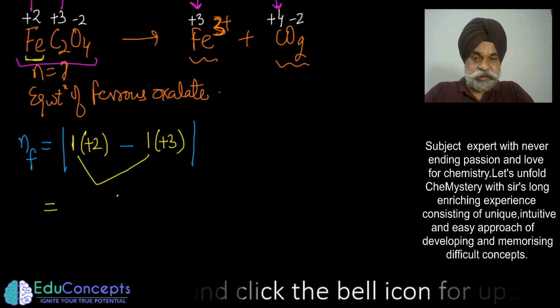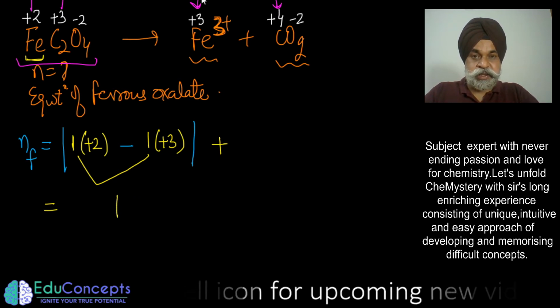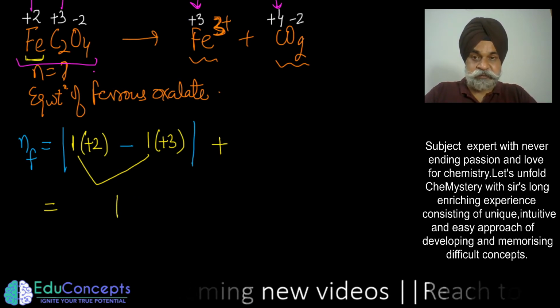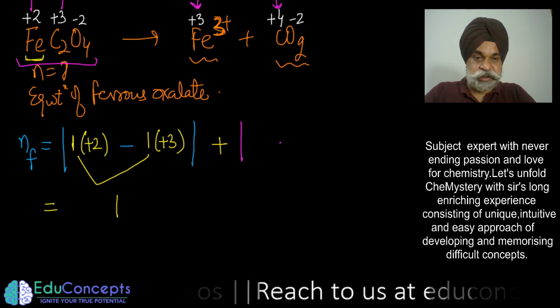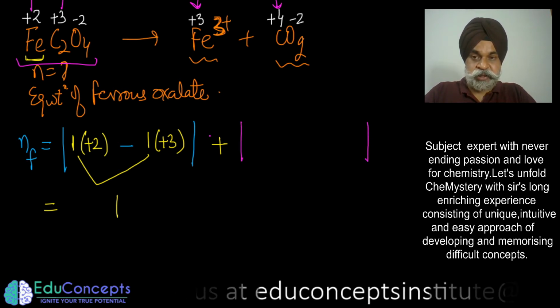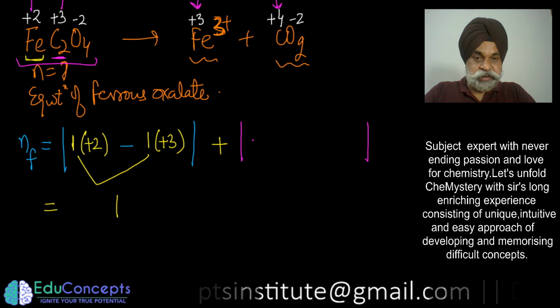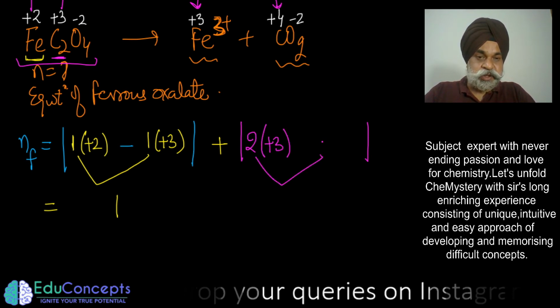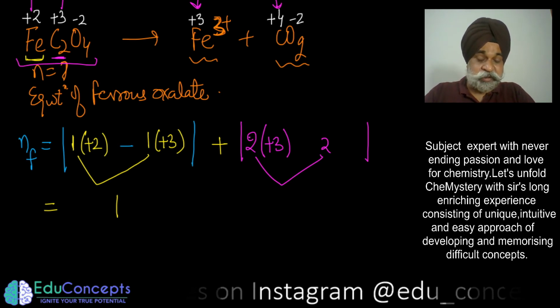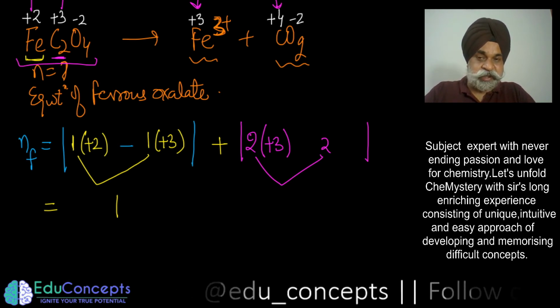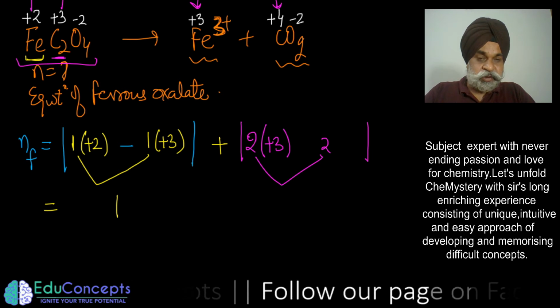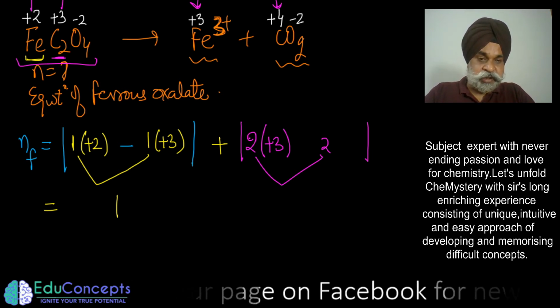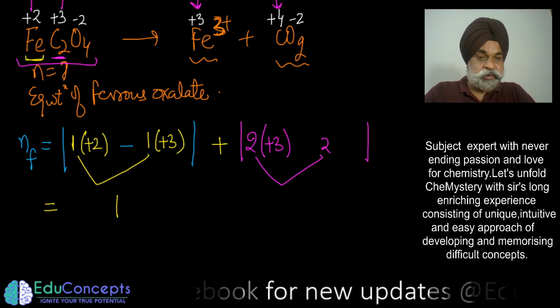So here the answer is 1, plus another part which is also undergoing oxidation, again you have to take a mod. So there are two carbon atoms. These two carbon atoms are of +3, and if they are there on the reactant side, those two have to go to the product side also. You would see that two carbons would be reaching the product side also.